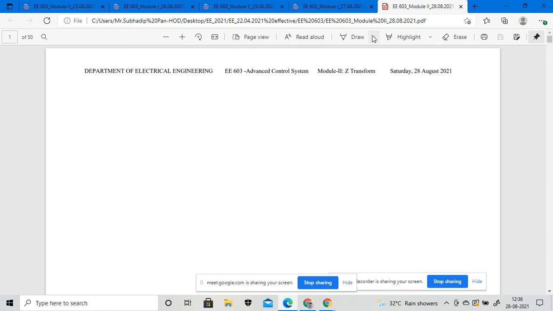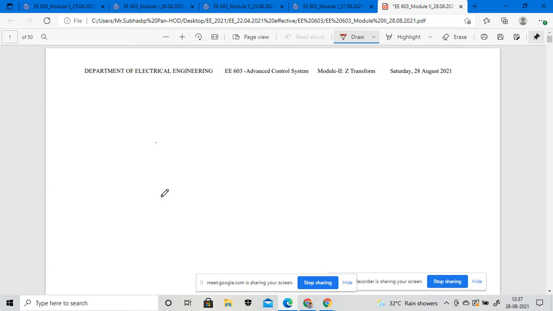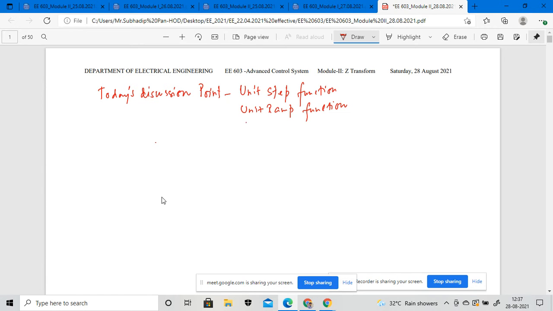Today's discussion points are the unit step function, then the unit ramp function, and the polynomial function.